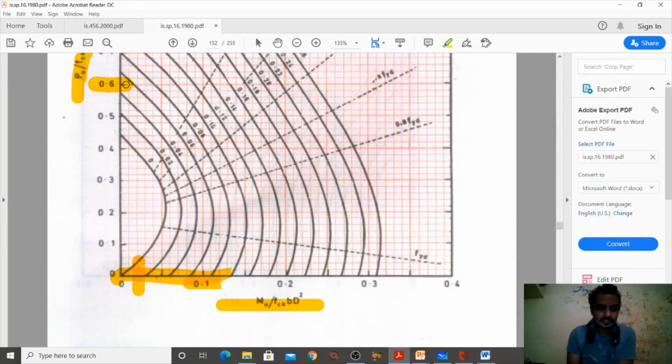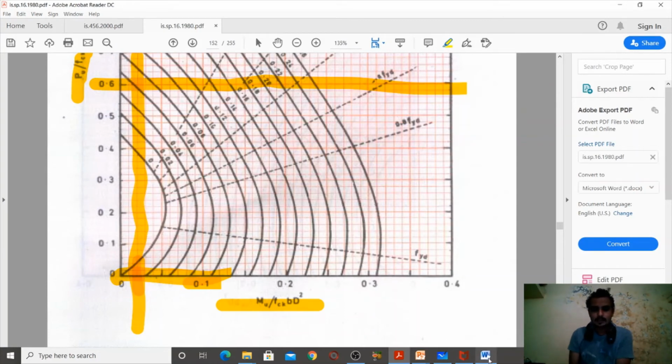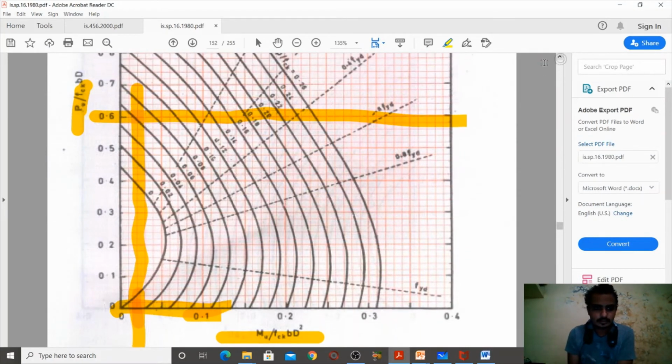0.6 means here, so we are meeting at this point. Let's check, we meet here between 0.05 and 0.06.